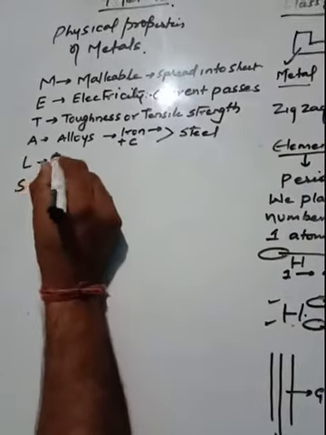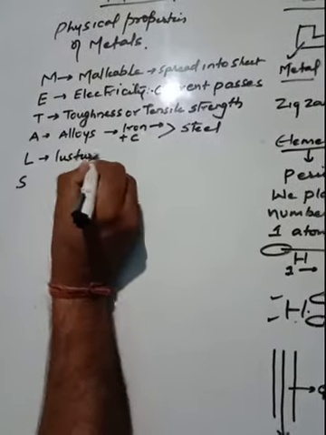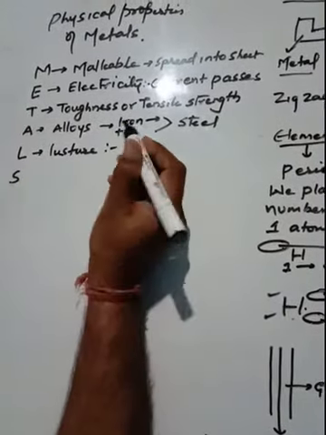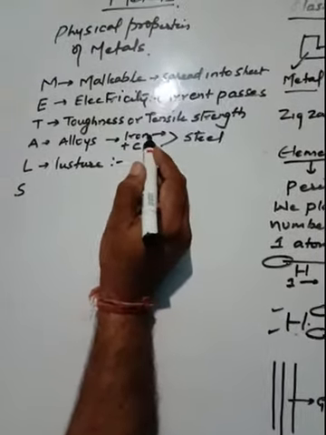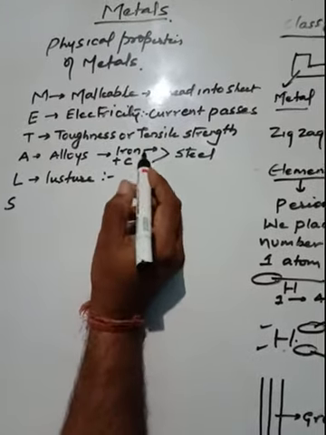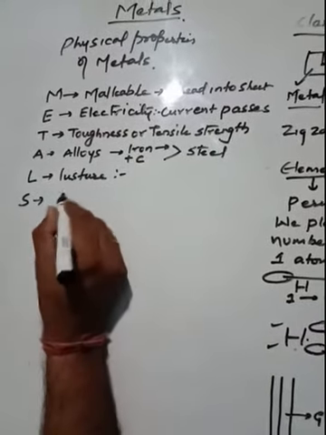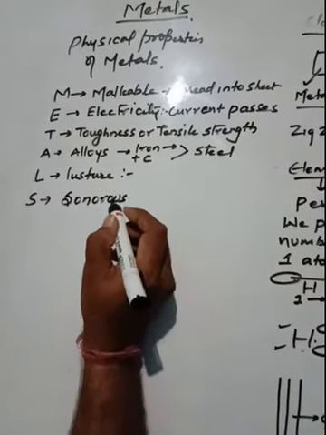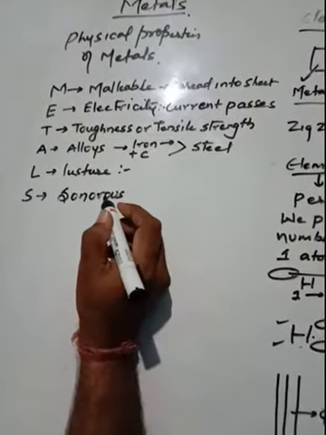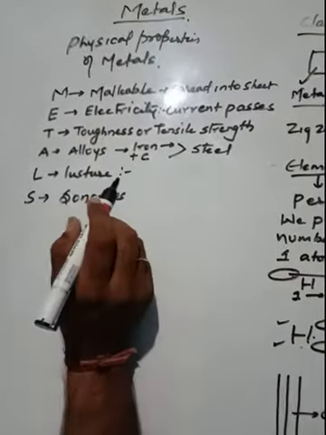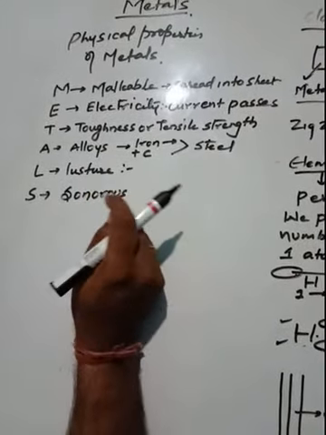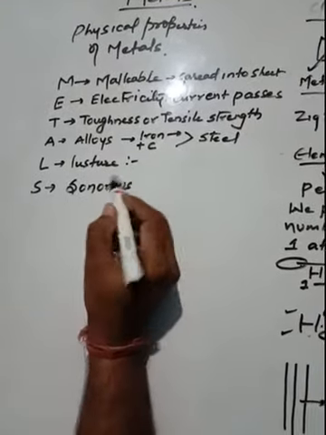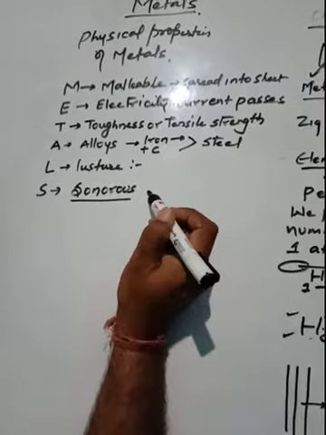Now comes the luster. Luster means shine. You will find copper has a different luster. Here you will find aluminium, even gold, silver, and so on. Sonorous means a beautiful, pleasant musical note being received when it is struck. Like a bell, a bicycle bell, if you strike it, the ringing continues for a long time, so we use the term sonorous.